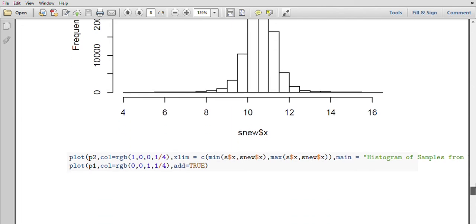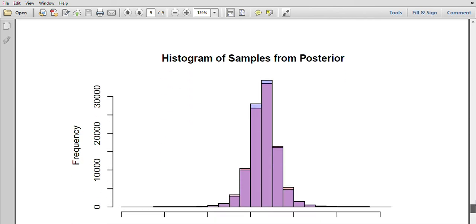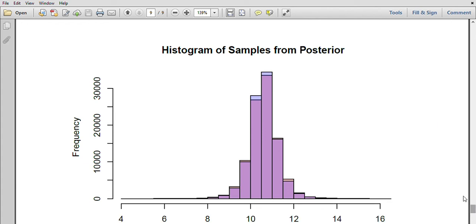Here I have tried to merge both the histograms of mu. From the two different posterior distributions, we had simulated observations on mu, and I have put both these histograms in a single graph.